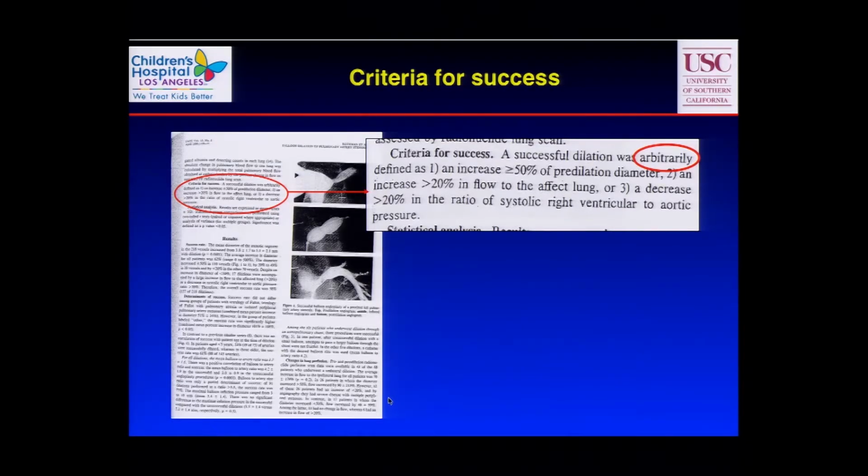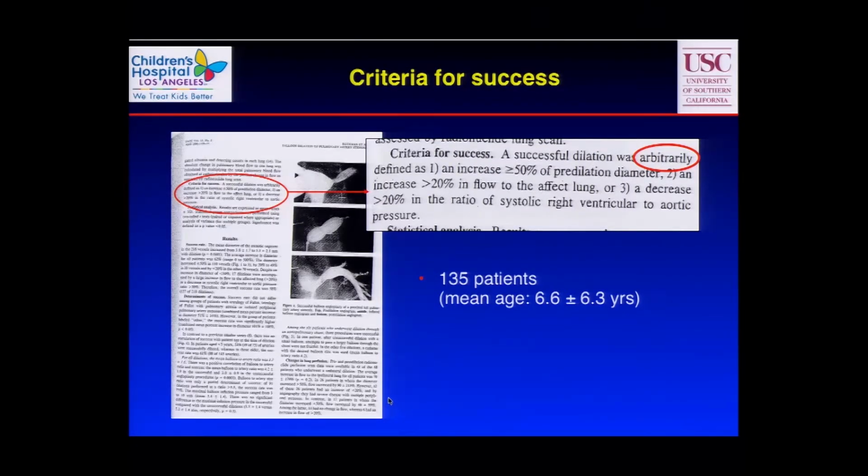In other words, there was no fancy scientific way to say this is the criteria of success. This is what the group decided in Boston, that this is an arbitrary decision, that this is what is successful. But you know what? Since then, every one of us, when we do papers on success, we use this as a reference. But I want everyone to know that this is arbitrary from the history books.